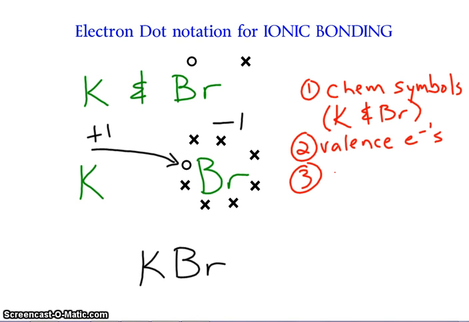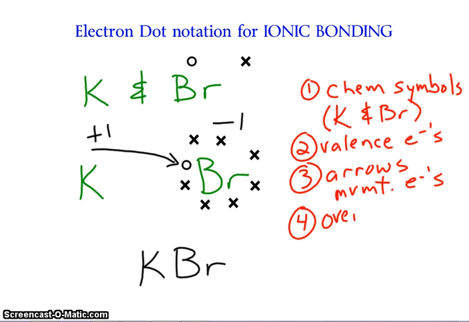Third, you need to draw arrows showing the movement of the electrons. Fourth, the overall charge. All the atoms need to have an overall charge on them. And 5, the correct formula.